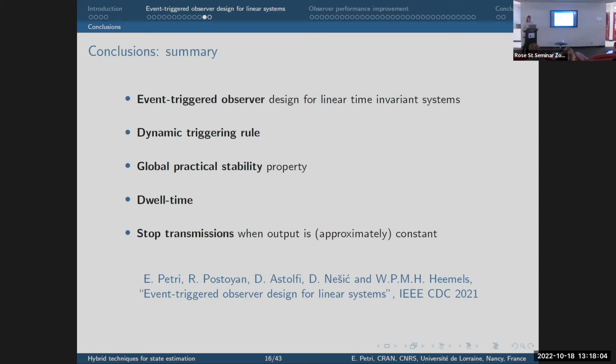Moreover, we show that the proposed event trigger observer allows us to stop transmitting when a new output data is not needed to perform the estimation. And this happens when the output remains approximately constant. If you're interested in more details about this work, it can be found in this reference, Event Trigger Observer Design for Linear Systems, that was presented last year at the CDC.